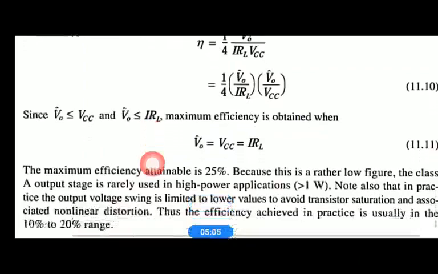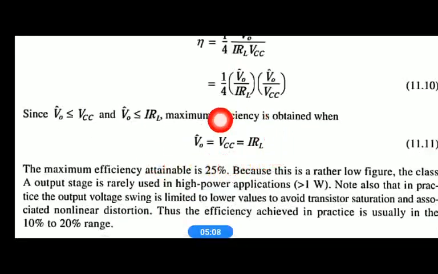So therefore V naught is equal to VCC, equal to I into RL.